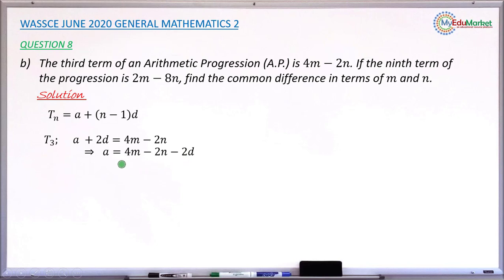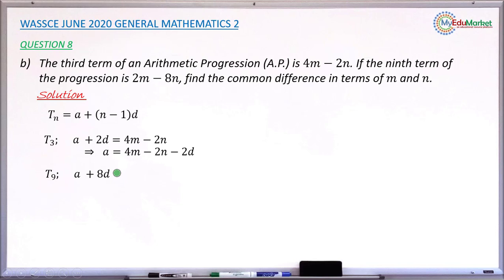Moving to the question again, we have term number 9, and replacing n by 9 in this formula for the term at any position, you have 9 minus 1, which gives 8. So you have term number 9 equals A plus 8D. And this expression for term number 9 is given in the question as 2m minus 8n.